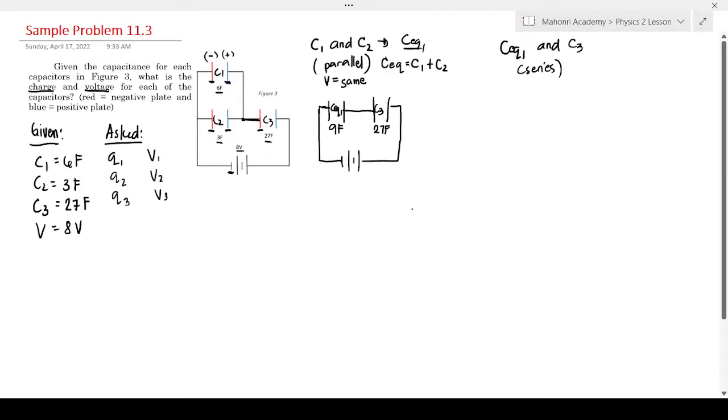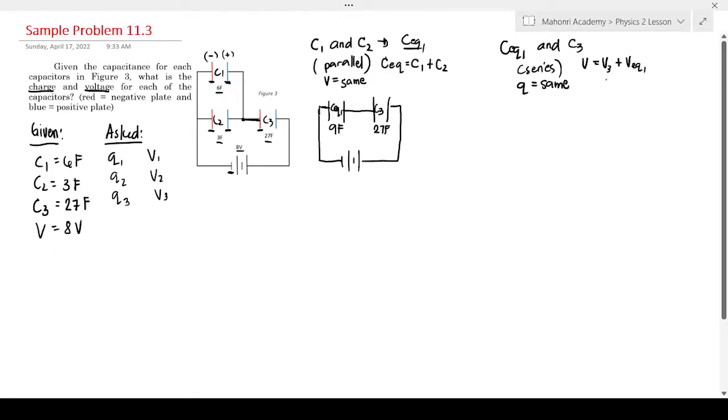And what do we know about series combination? For series combination, we know that the Q are all the same, right? And that the voltage is equal to the voltage of 3 plus the voltage of EQ1.